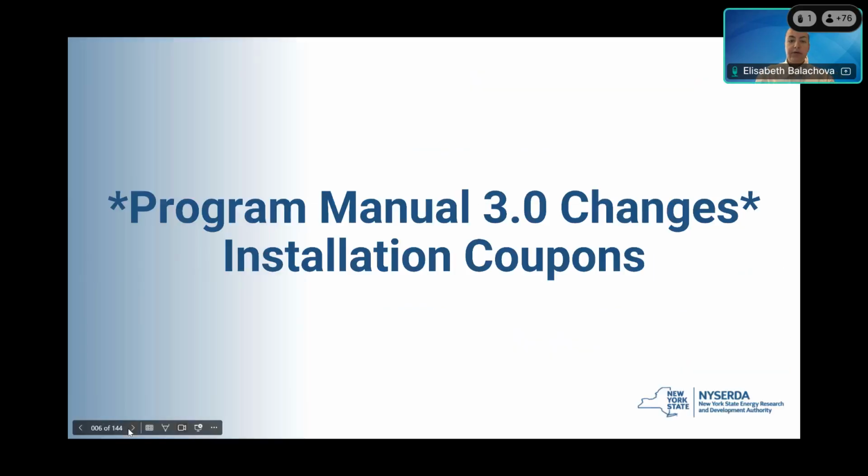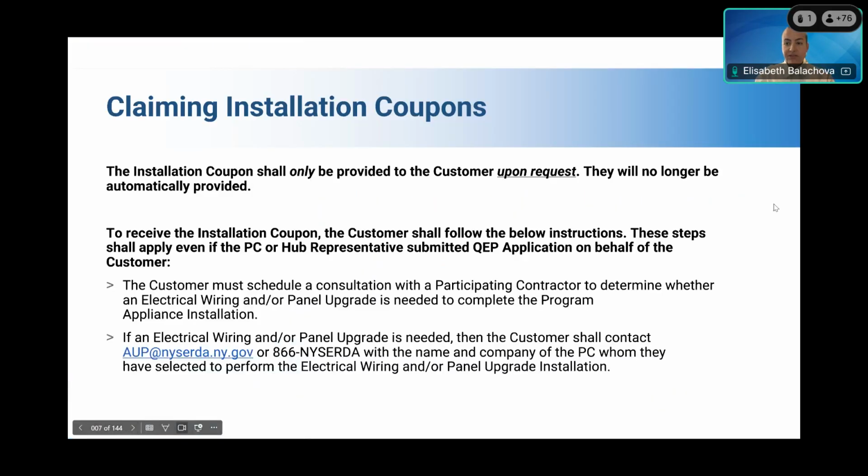Again, I'm going to go into detail on some of the new changes in the program manual. Right now we're going to focus on the installation coupons. I mentioned this briefly in the workflow, but the installation coupon will only be provided upon request.